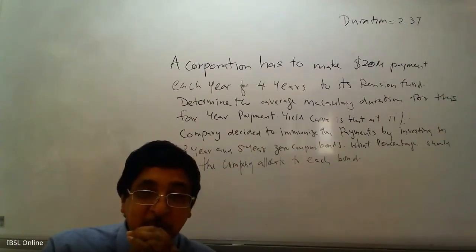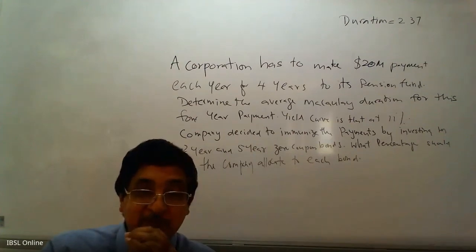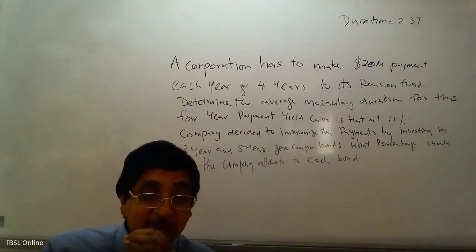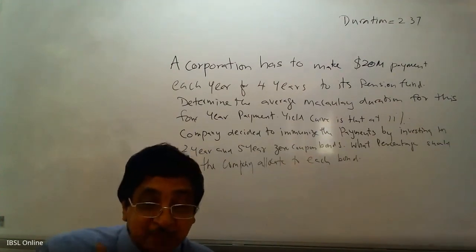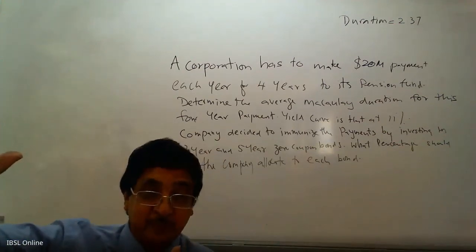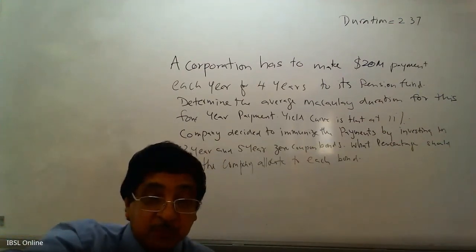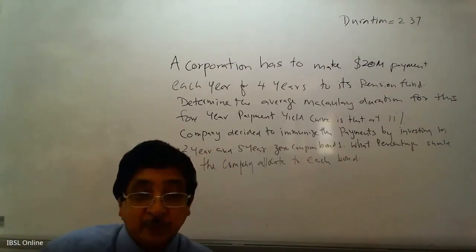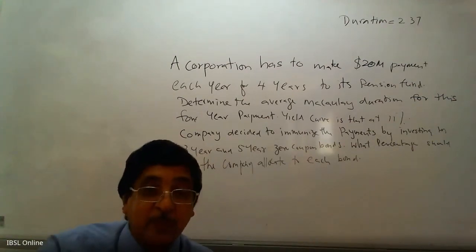So that is what you mean by immunization. In other words, 2.37 is a negative duration, because it's a payment you are going to make every year. But the 2-year and 5-year bonds you are going to receive, so the duration of those would be positive.